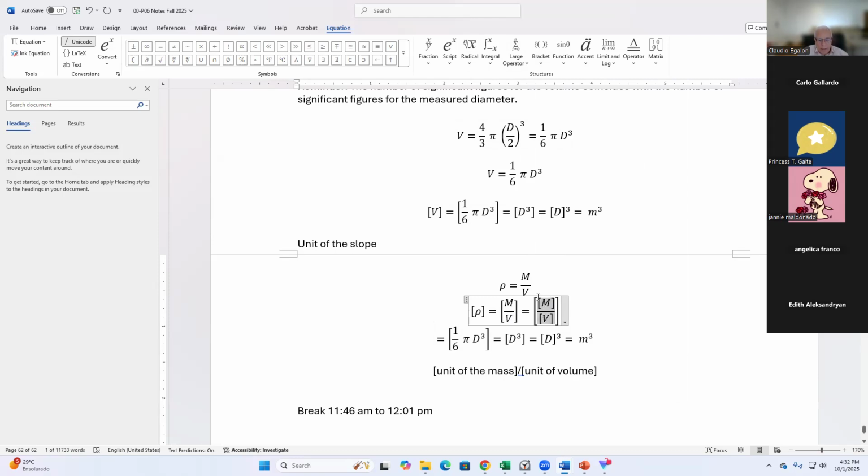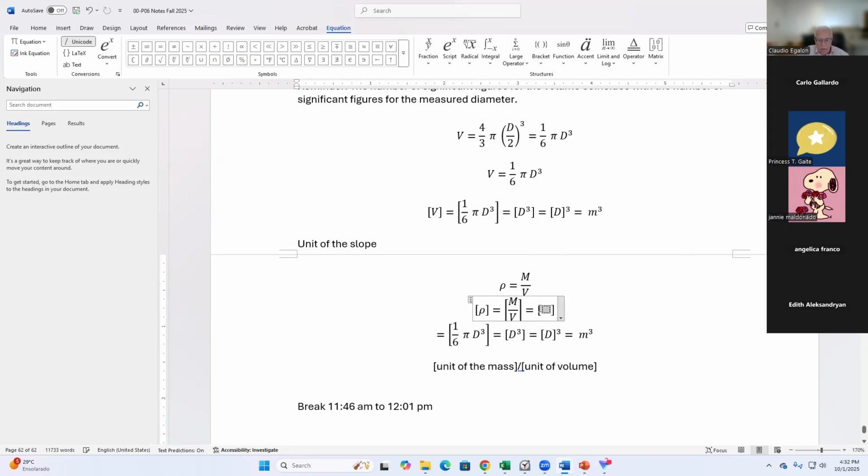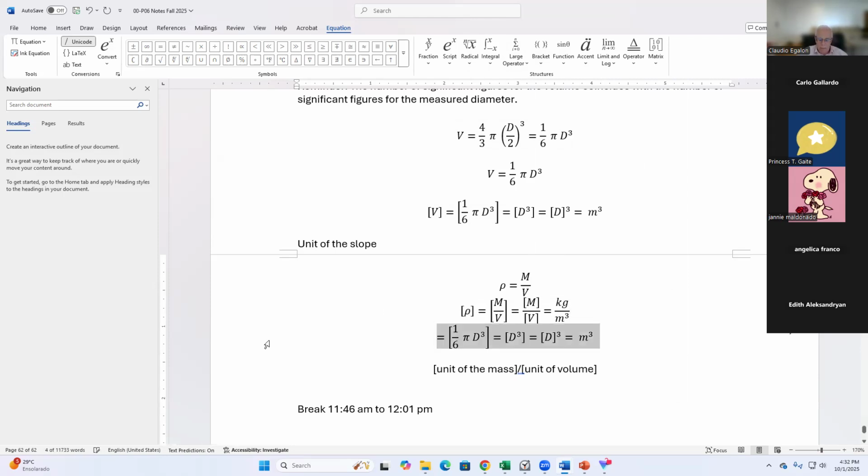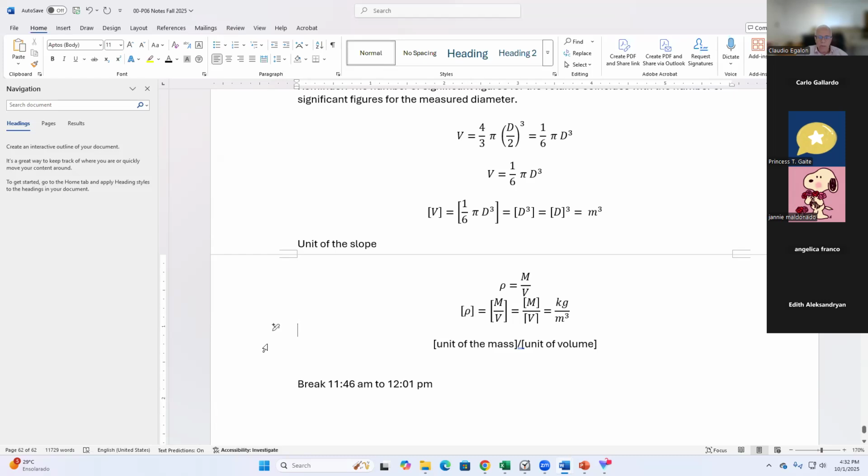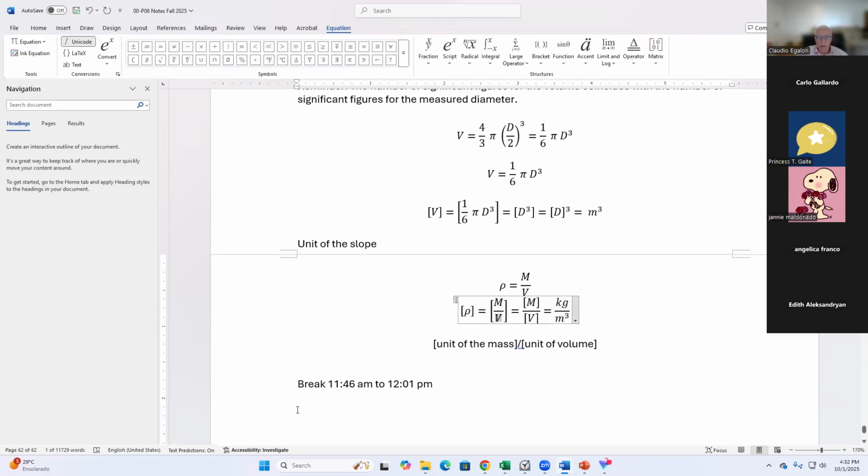The unit of the mass is the kilogram. The unit of the volume is the cubic meter. That was the rise over run: unit of the rise over the unit of the run.